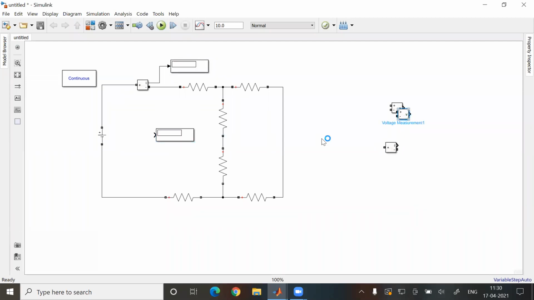Now we have to connect. We have to measure the voltage. So we'll go in this order. And the display is connected over here. Now this would be your current and voltmeters.